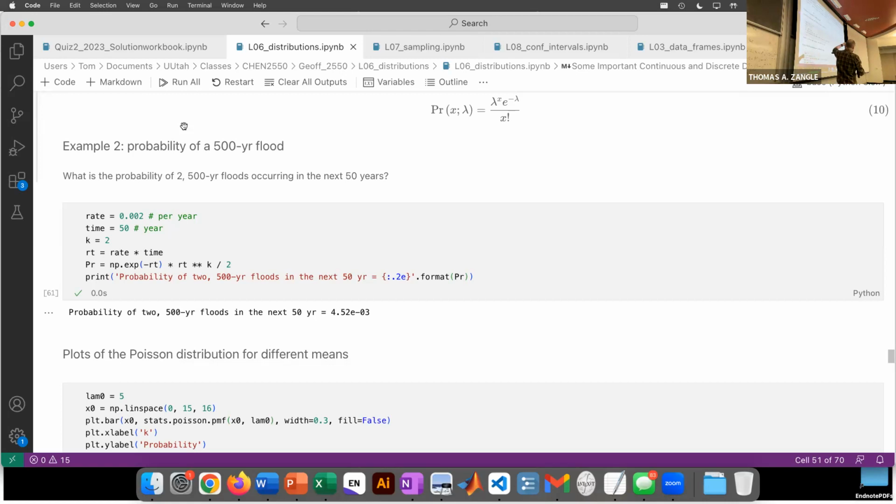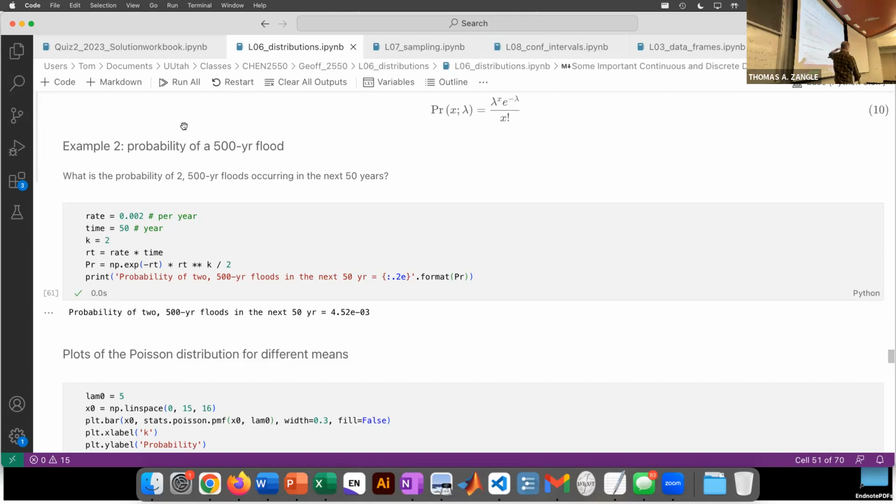But we can use the Poisson distribution to estimate the probability of having 2 500-year floods happening within a period of 50 years. So our rate of having a 500-year flood is just 1 over 500, 0.002. So our rate here is 0.002, the average rate that we expect to see a 500-year flood occur per year.